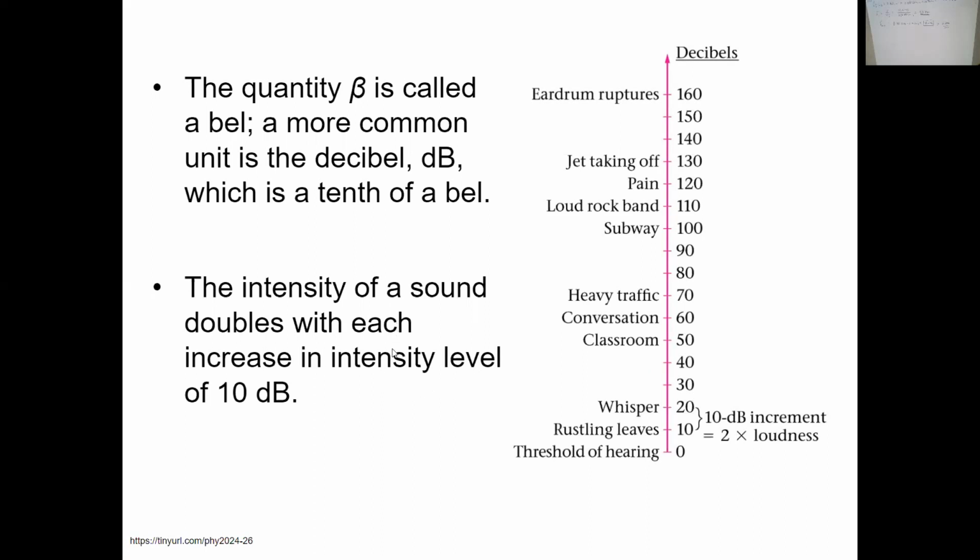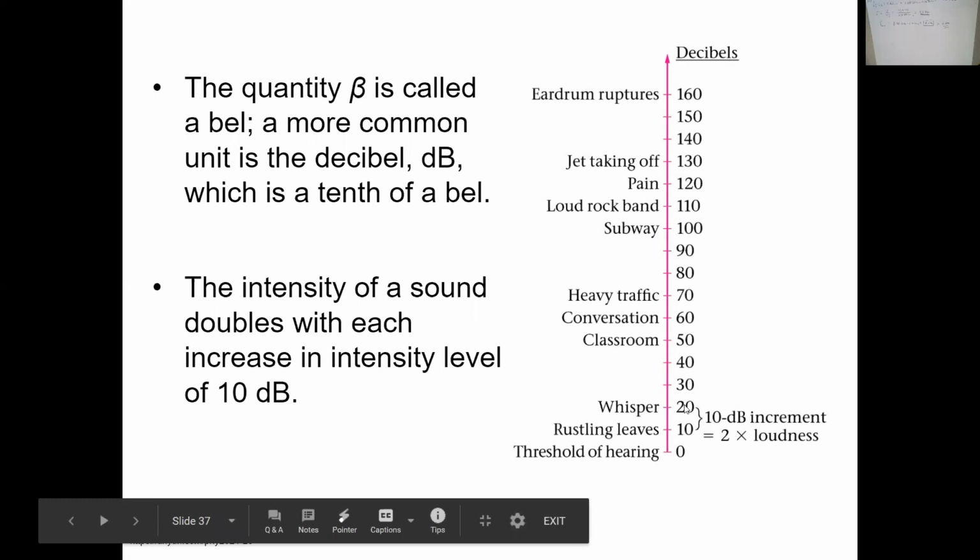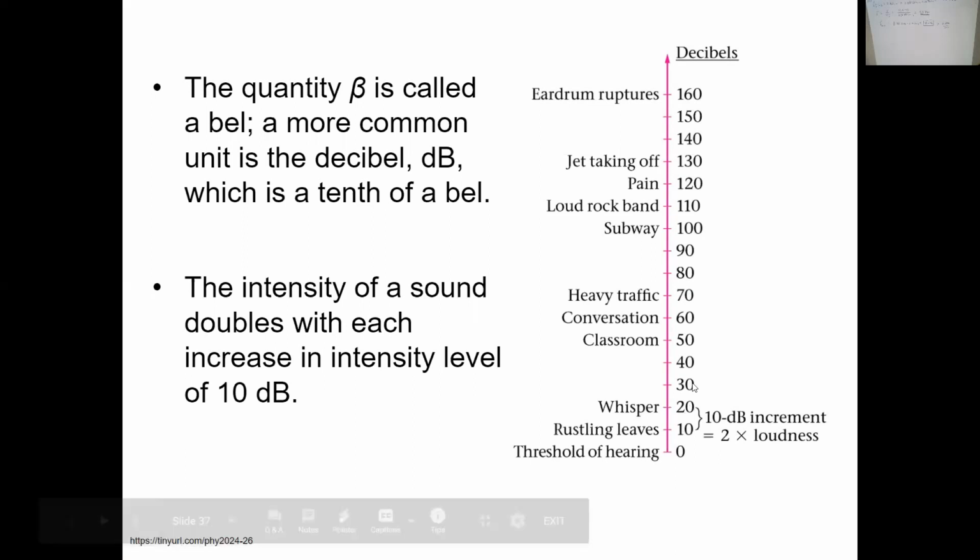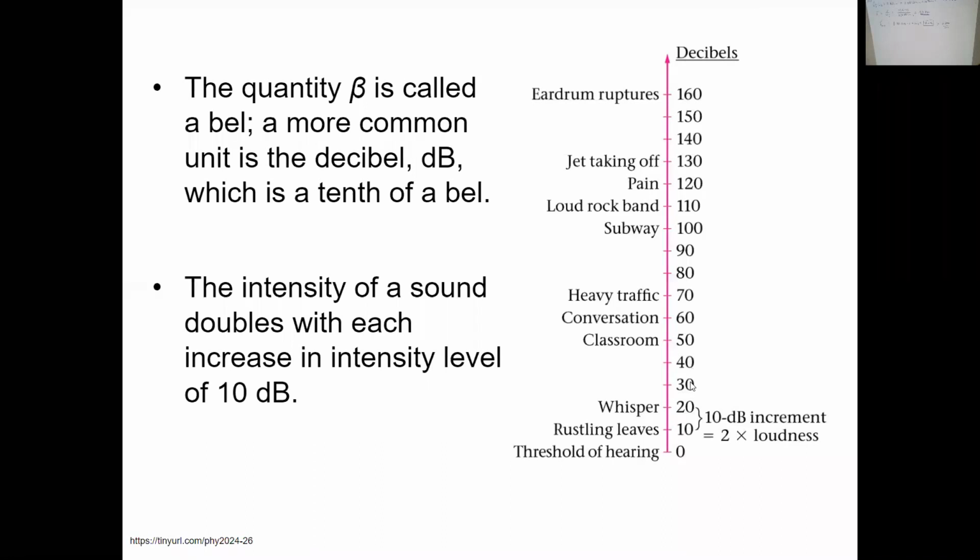The intensity of the sound doubles with each increase in intensity level of 10. From 10 to 20 is twice, from 20 to 30 is also twice as loud, from 30 to 40 is twice as loud, etc.